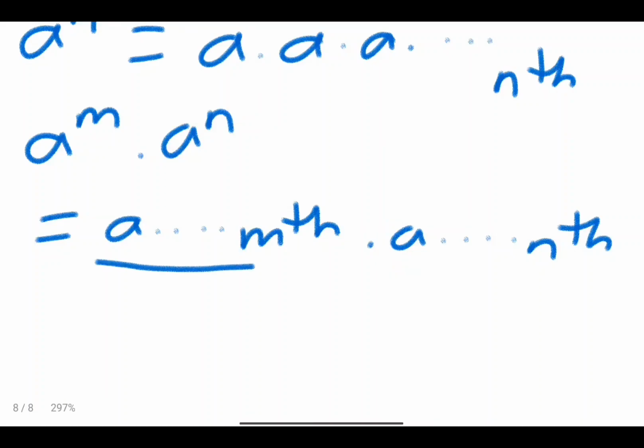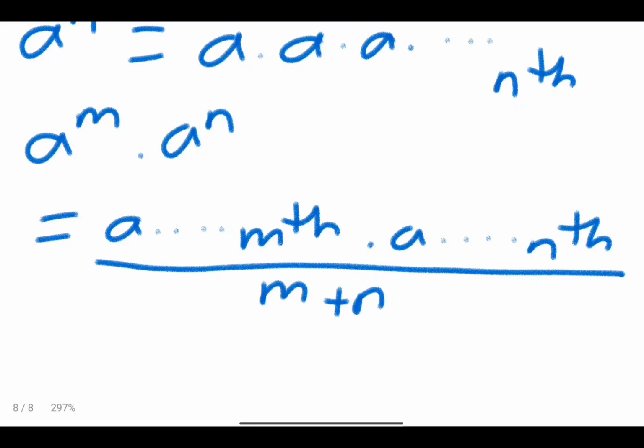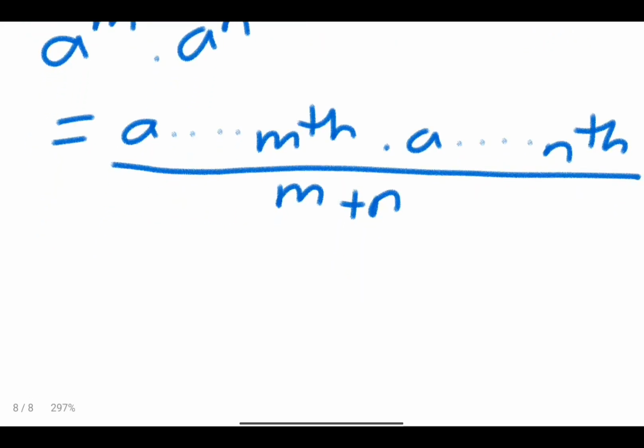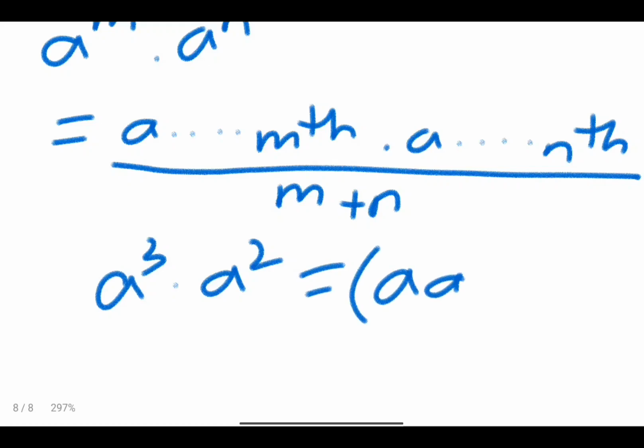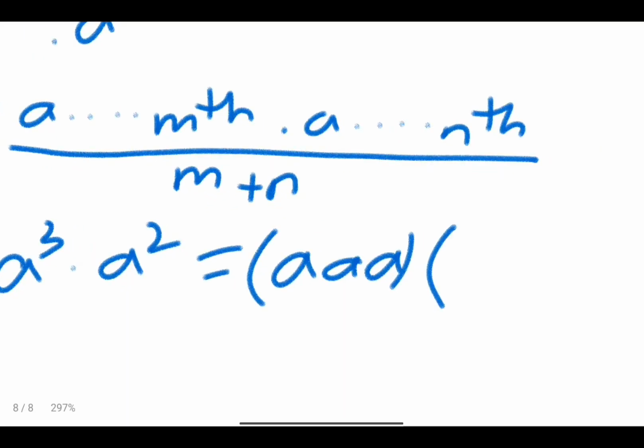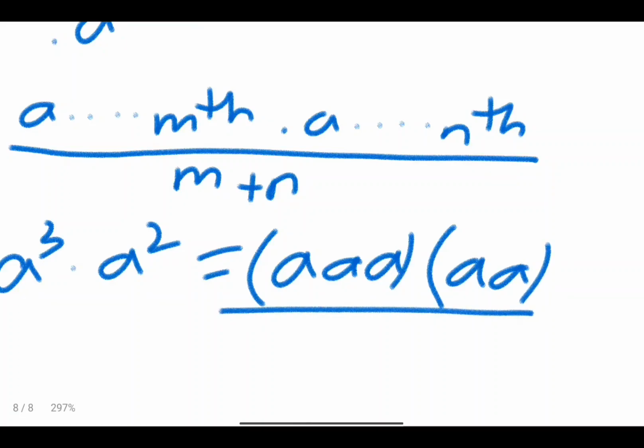So in this line, we actually have m plus n number of a's. To put in perspective, let's say a cubed times a squared, meaning that 3 a's and 2 a's, we have in total 5 a's, thus a to the power 5.